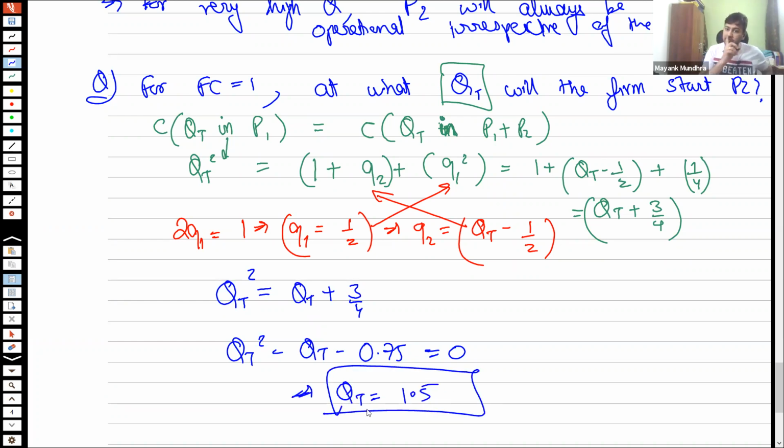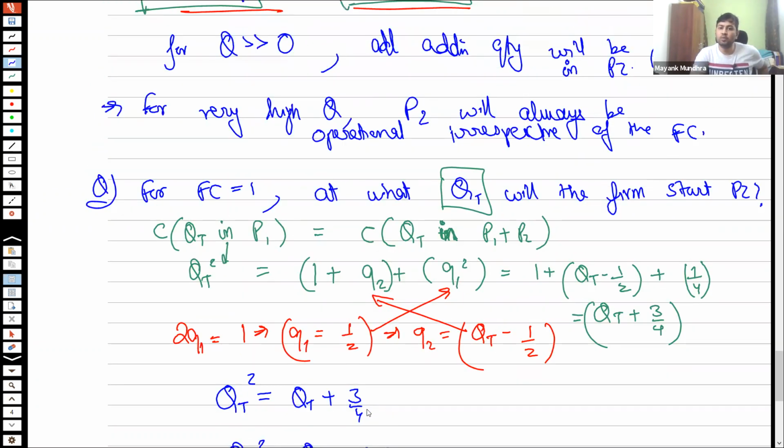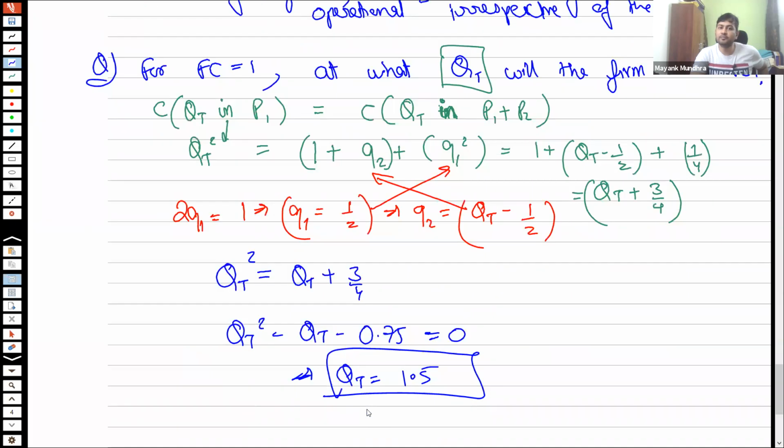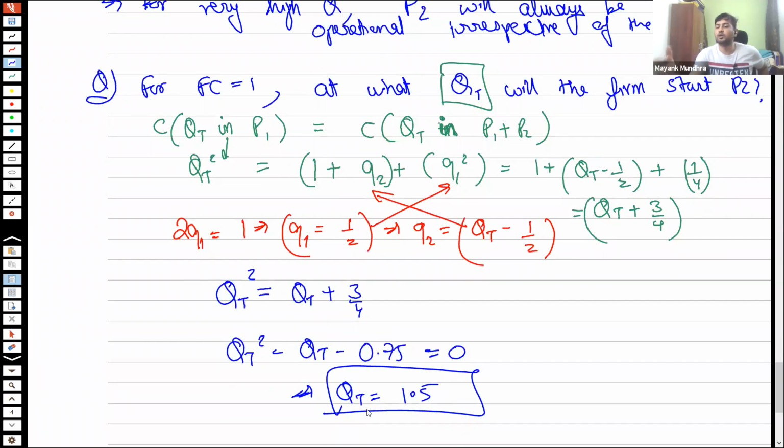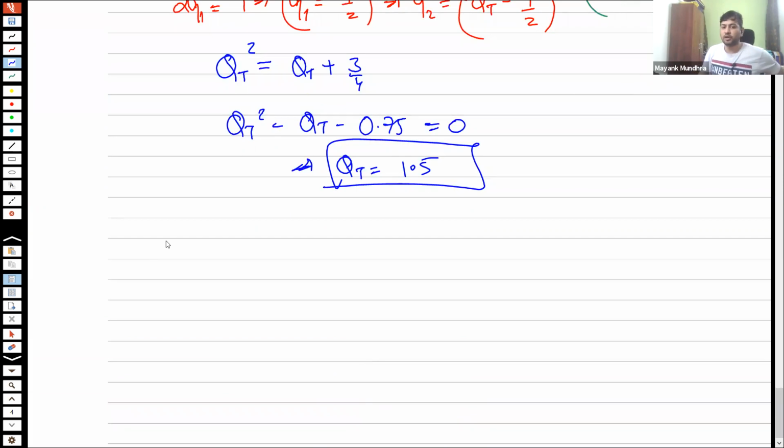So for a threshold quantity of 1.5, you would be starting plant 2. So beyond QT 1.5, you are going to start plant 2. So the total production plan now, capital Q1 comma Q2, becomes equal to, right? If total quantity is less than 1.5, you are going to produce the complete thing in plant 1.